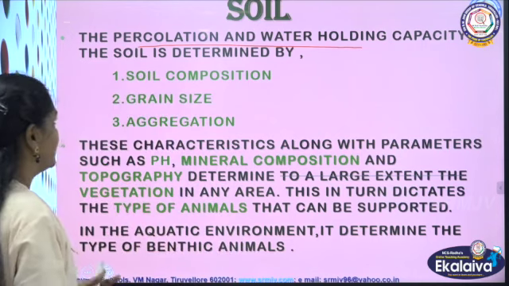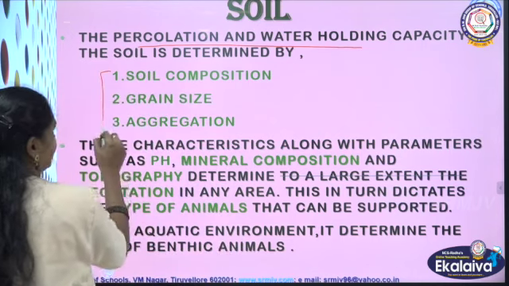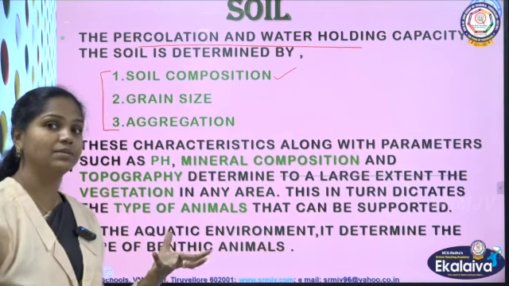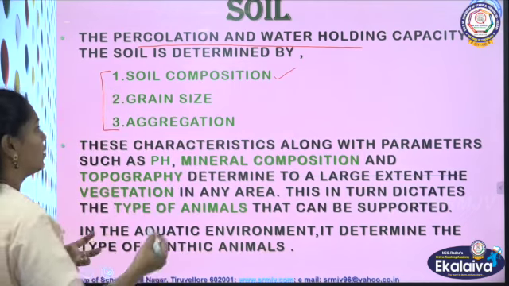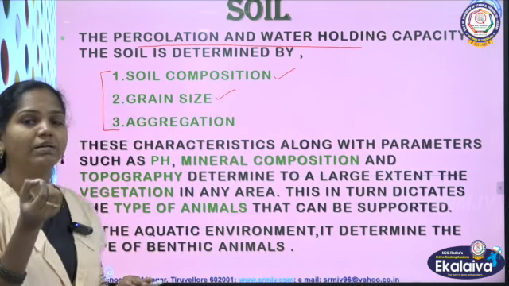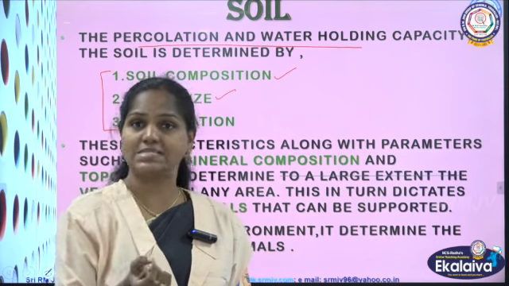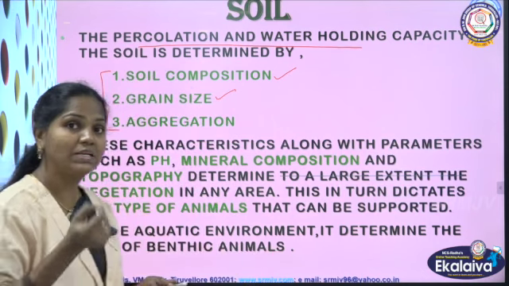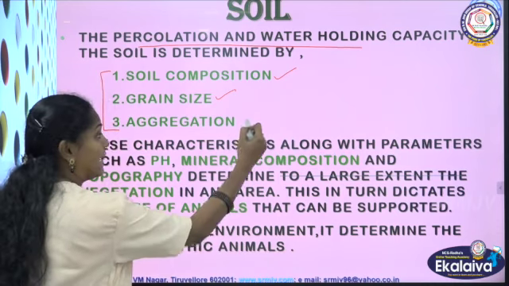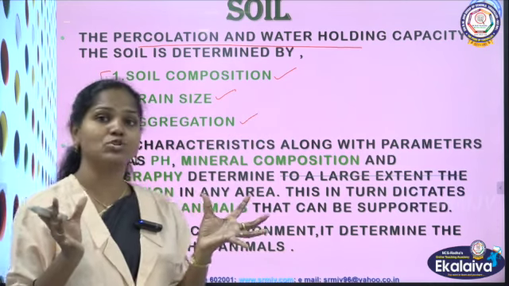It depends on 3 factors of a soil: soil composition, mineral content and all. Then grain size, the size of the individual grains of that soil, actually determines the water holding capacity. Then aggregation of the grains to form that soil.